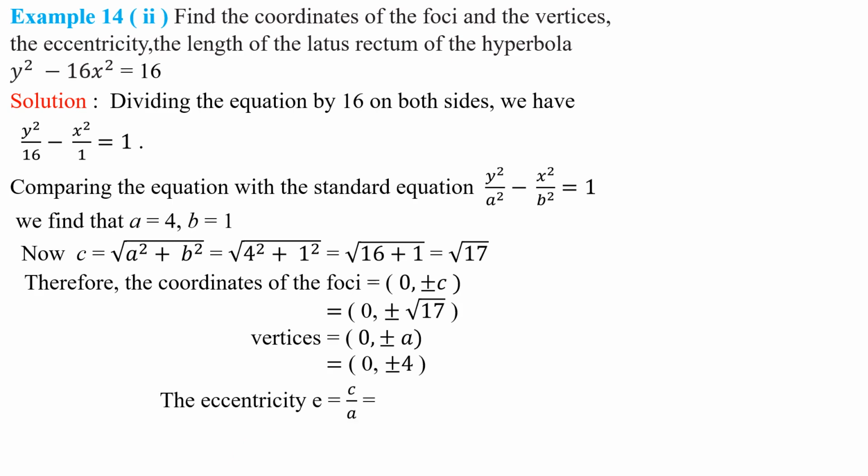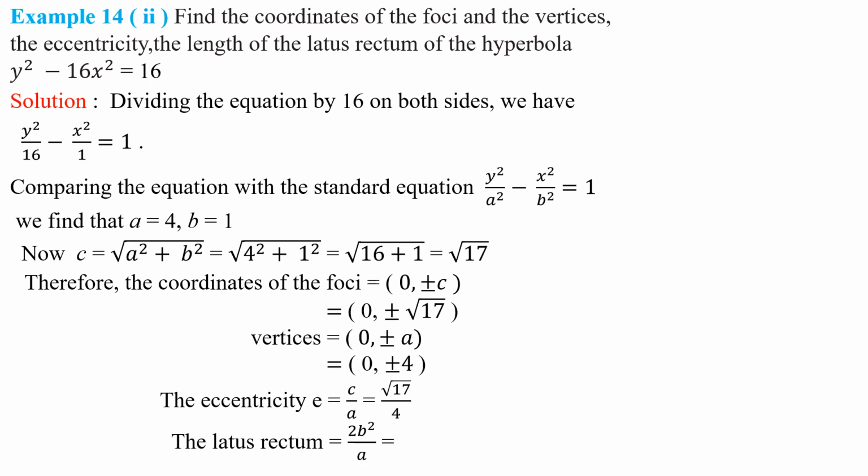The eccentricity is equal to c by a. That is equal to, in this formula, what is the value of c here? Root 17. So root 17 by, what is the value of a here? 4. Root 17 by 4. Here also, if you simplify this number, the value of this number is greater than 1. Eccentricity of the hyperbola is greater than 1. Okay, children? Right.